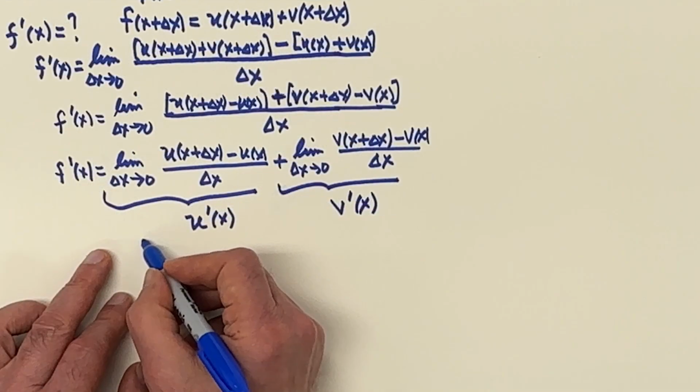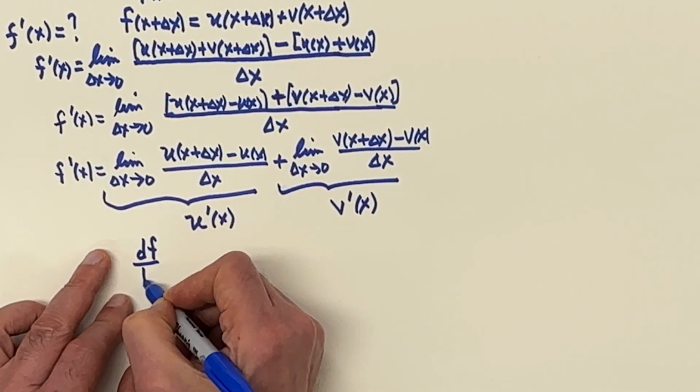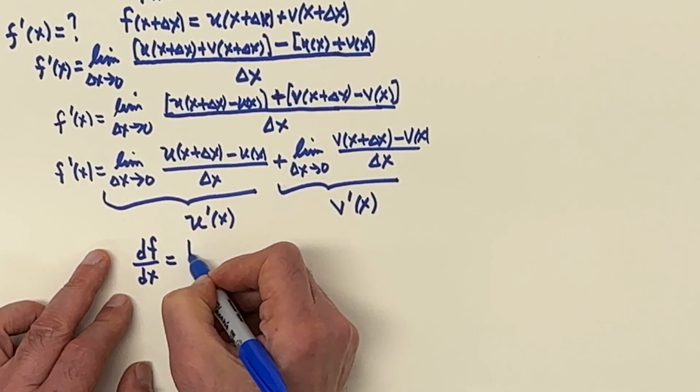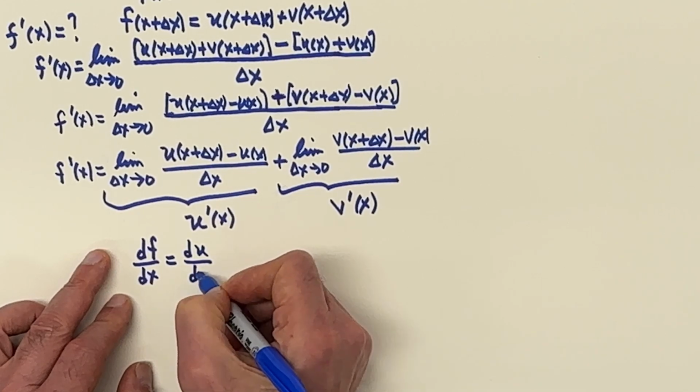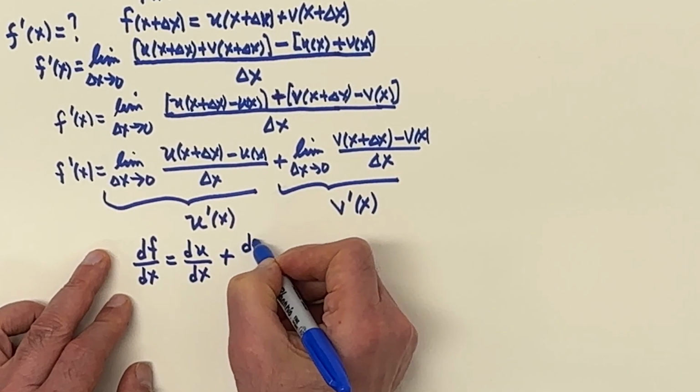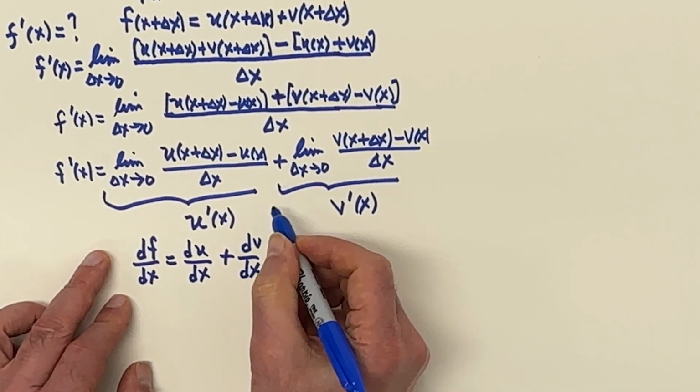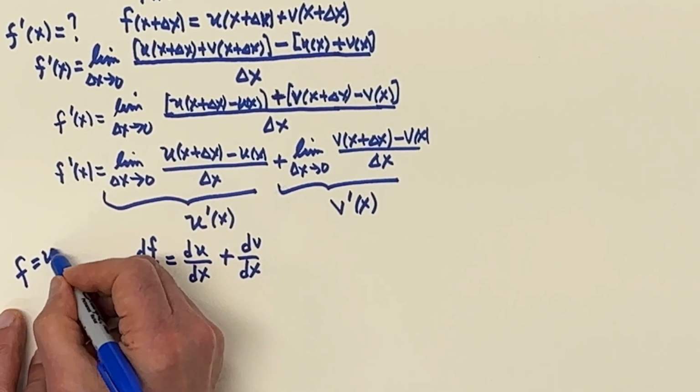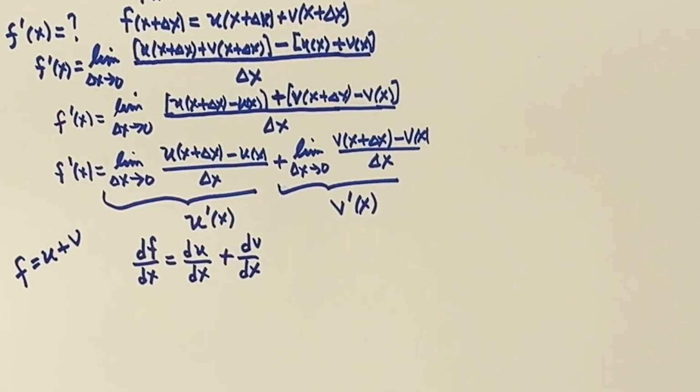In other words, df/dx is equal to du/dx plus dv/dx when our function f is a sum. We simply take the derivative of each one and add them together.